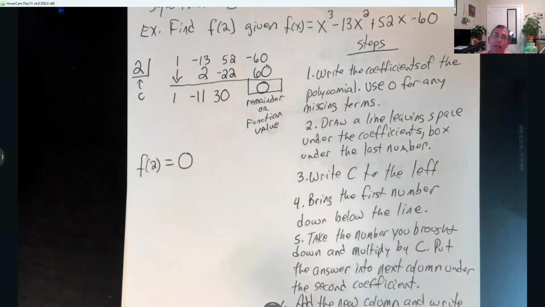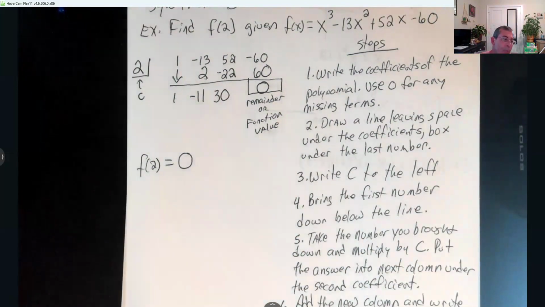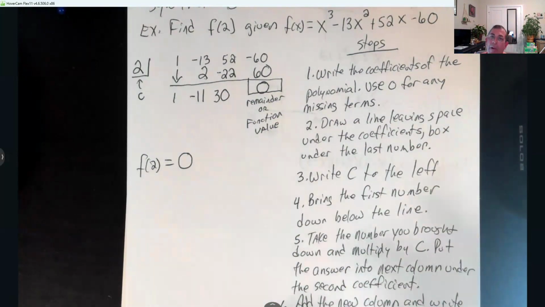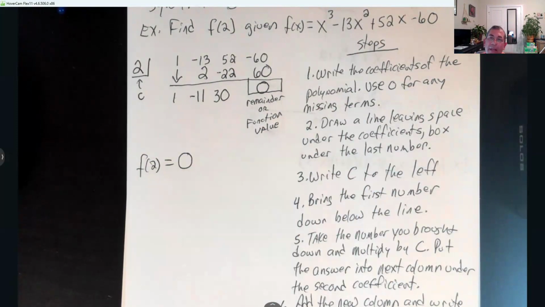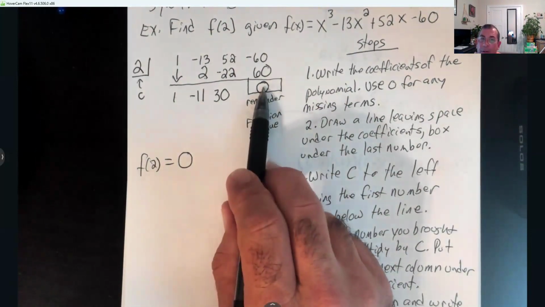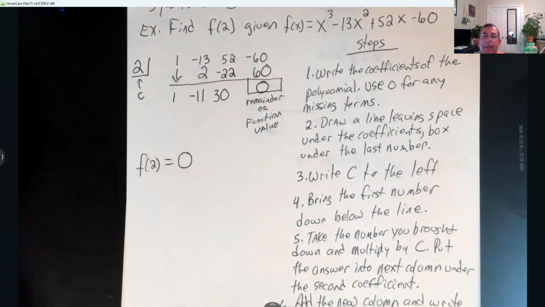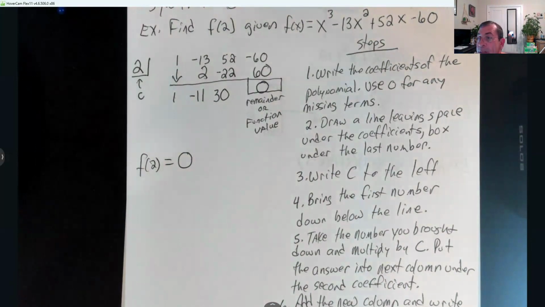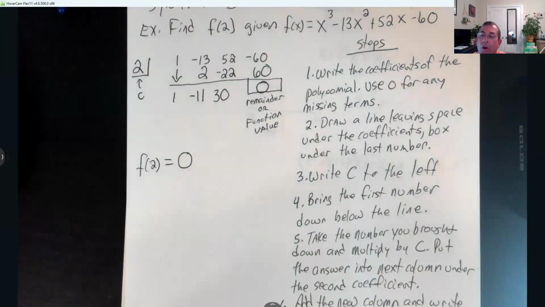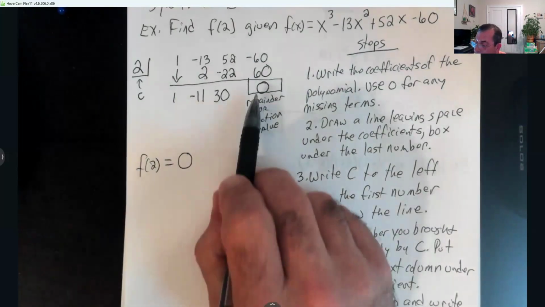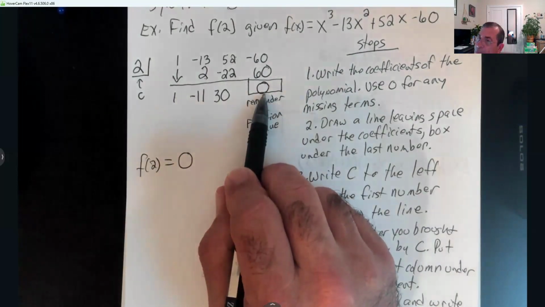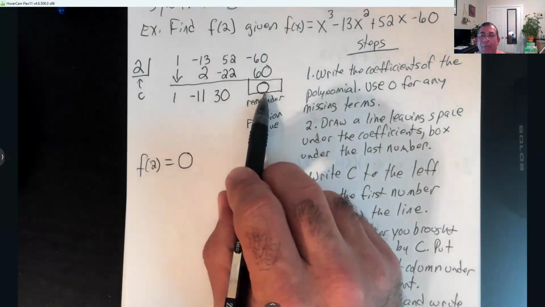So y'all, that's a preview of what we've got coming up tomorrow with 8.3. We're going to be doing synthetic division. Like I said, I'm going to show you how we use it to find function values, which is what I did here. I'll show you how to tell whether a number is a 0 or not. If a number is a 0 of a function, then its remainder has to be 0.